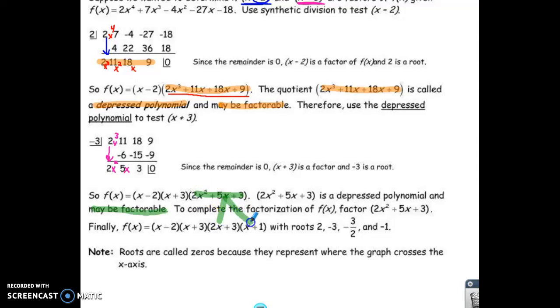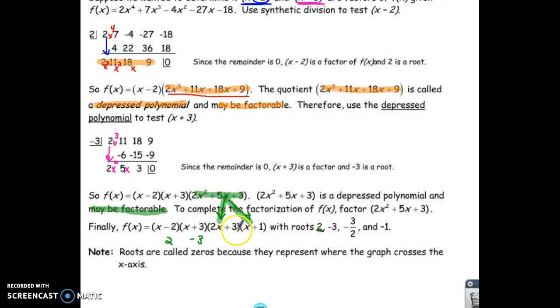Notice it factors into those two right there. And now we actually have all 4 roots. x minus 2, x plus 3, 2x plus 3, x plus 1. You may use my shortcut and take the opposite of this, put it over that, we get a 2. There it is. Take the opposite of this, put it over that coefficient, we get negative 3. There it is.